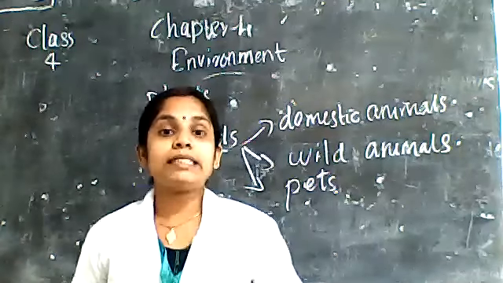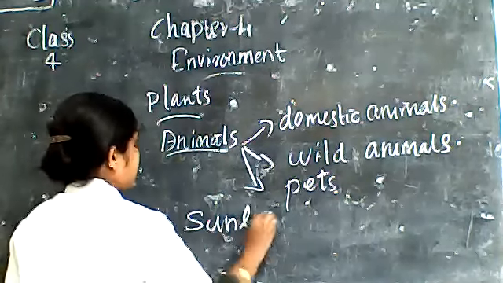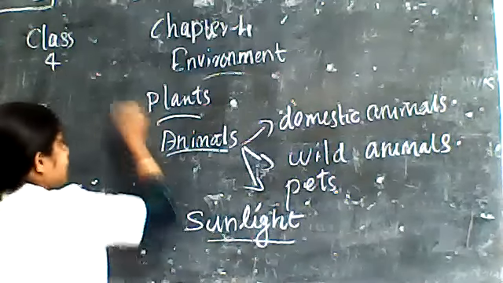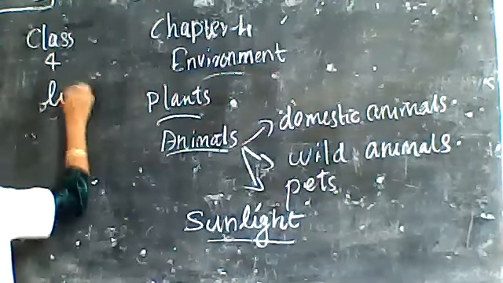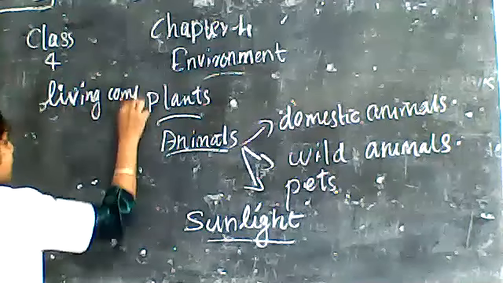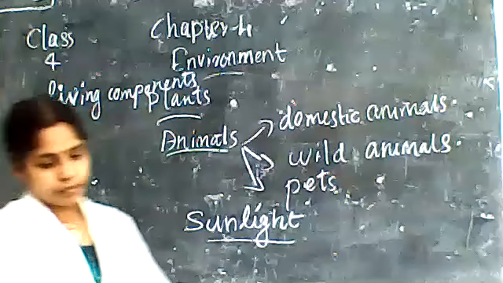Next component, sunlight. Sunlight is a non-living component.